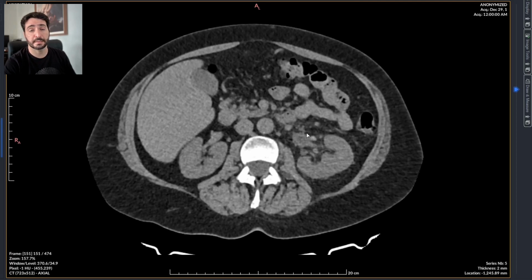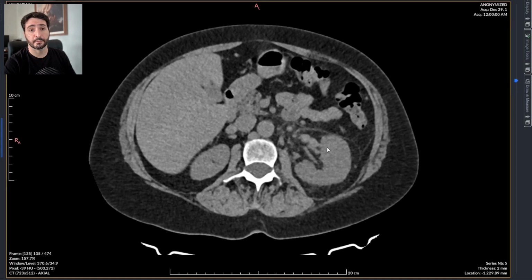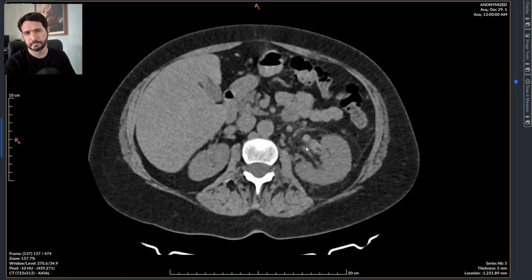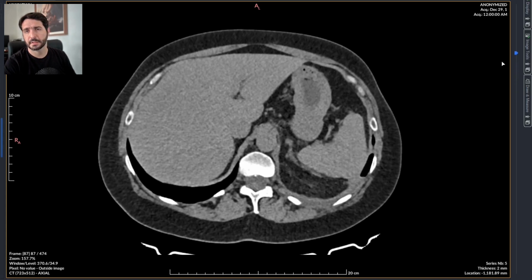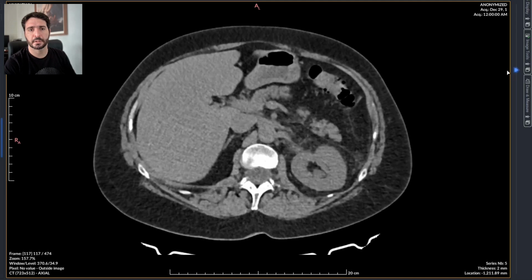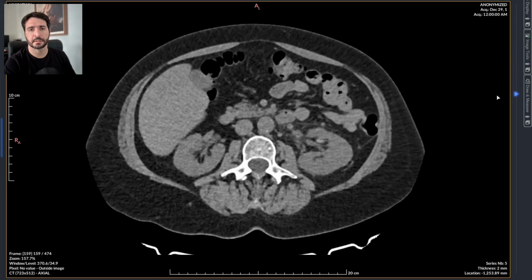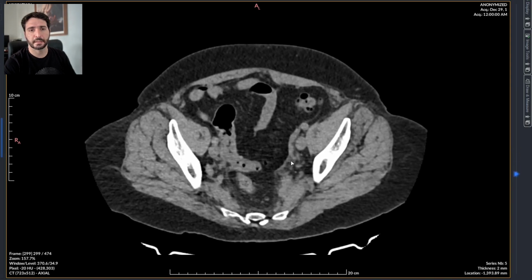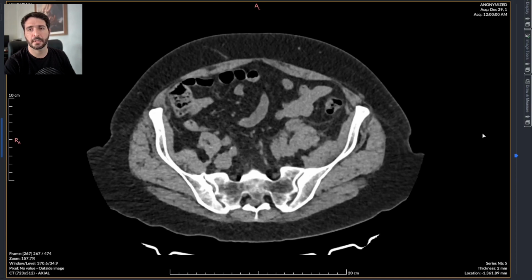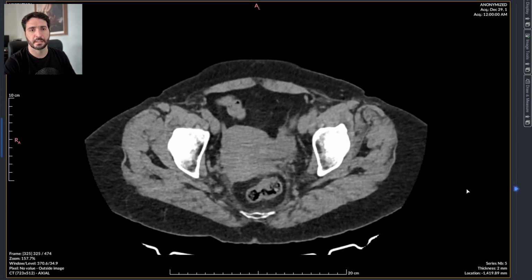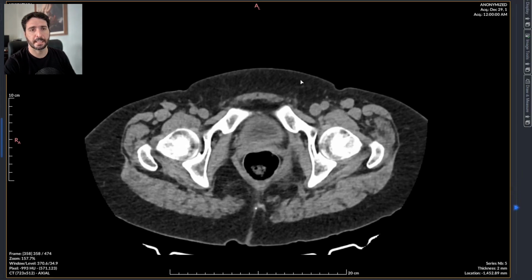Also, you can easily see that the walls of the urinary tract, the urothelium, is thickened, but that doesn't seem to be any kind of stone, nor hydronephrosis, dilatation of the urinary tract. We can follow this straining of fat around the urinary tract all the way to the pelvis, to the left. This is left and this is right.